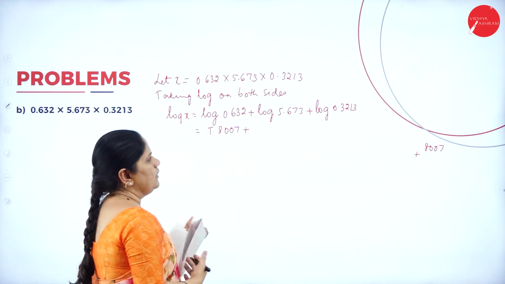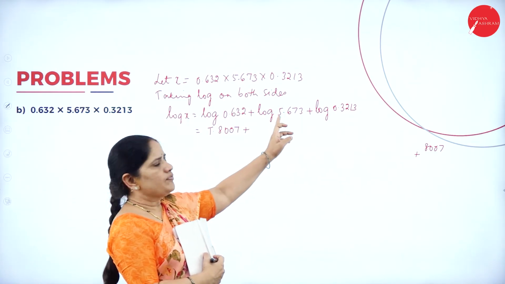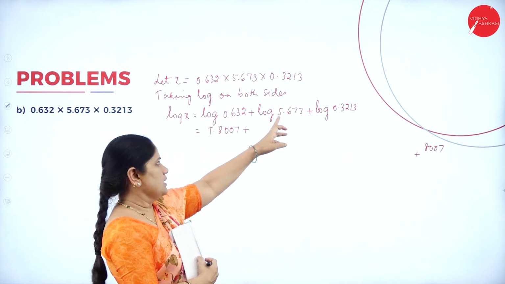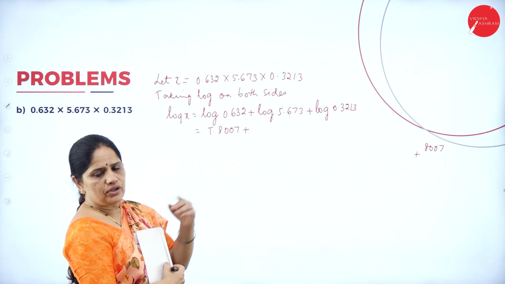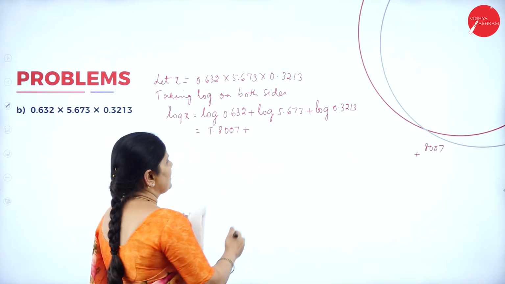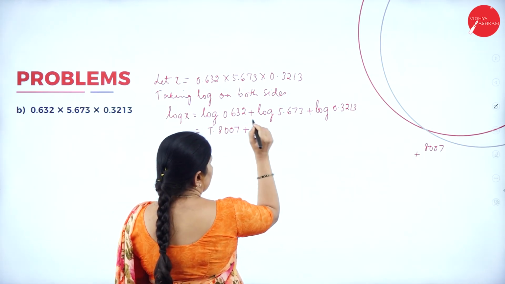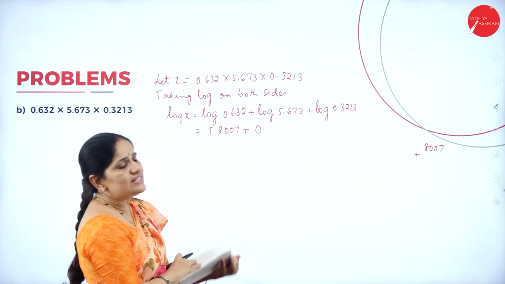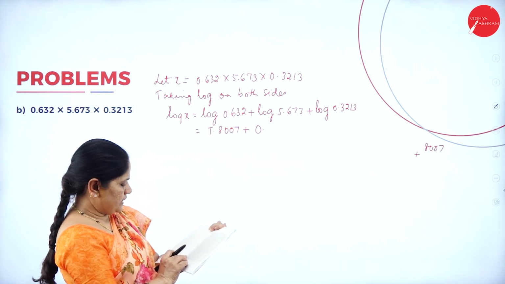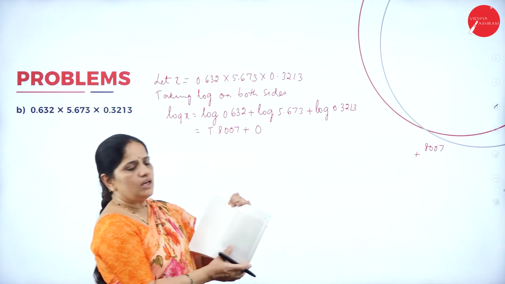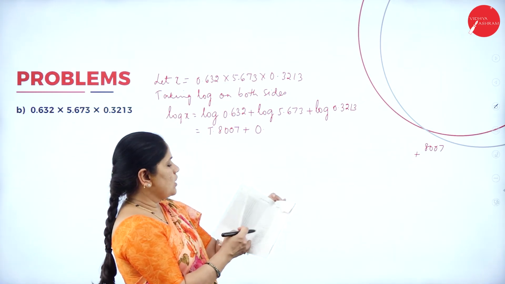plus. Now log value of 5.673. So there is only one number to the left of the decimal point. So 1 minus 1 is 0. I will write 0.5673. I will just see here the log values in this log table.